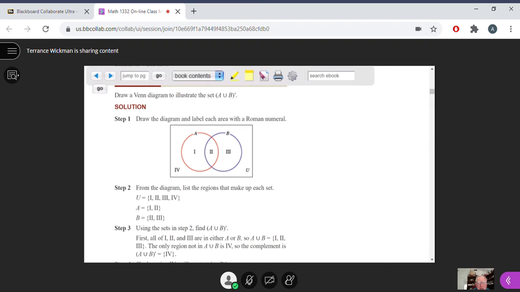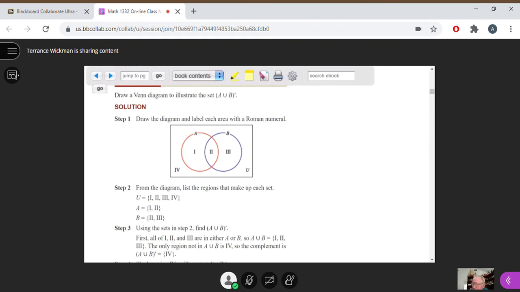So if it's A union B not, that would mean all the elements of 1, all of the elements of 3, and all of the elements of 4. Because if you combine A union B, you get 1, 2, and 3. Then it says not that. So the area that's not in 1, 2, and 3 is only 4.